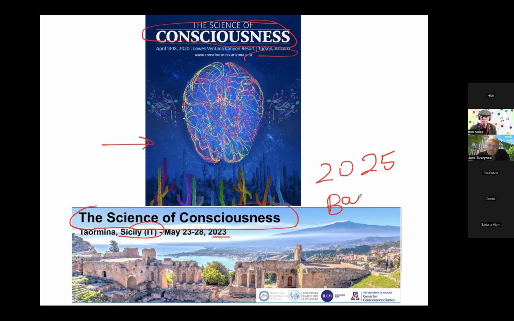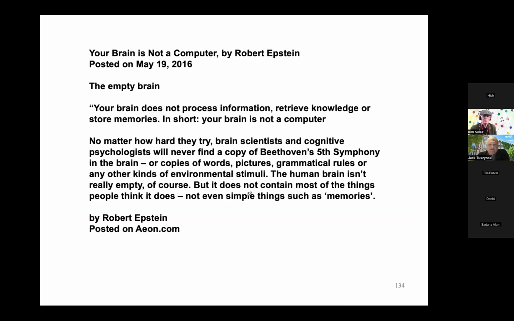Maybe not now with the flooding and all that, but by July, I think it should be dry. You can look it up on the website for what they call the Science of Consciousness, a gathering of people that are probing these deep issues. So some skeptics, I guess, say that the brain is not processing any information.